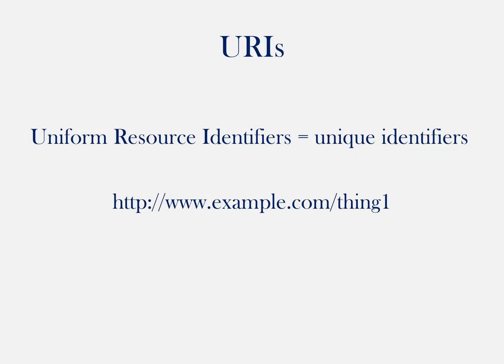And then they will have some kind of unique identifier that refers to just that one concept or person being represented. So "thing1" in this example is the unique identifier. Multiple organizations can use that same identifier, but it will be made more unique by the combination of the domain plus the identifier itself.